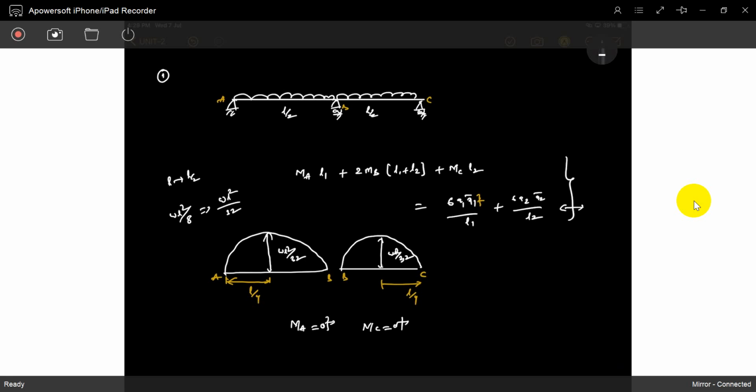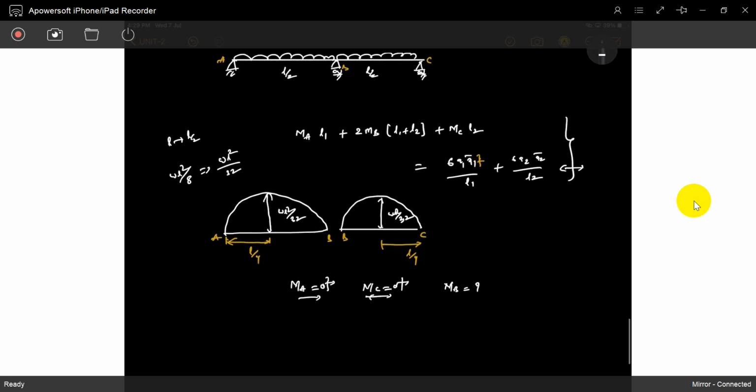But B is a hinge support that acts as a fixed joint, so B has a bending moment. A and C are end locations and have no bending moments. So MA is 0, MC is 0, and only MB is required.